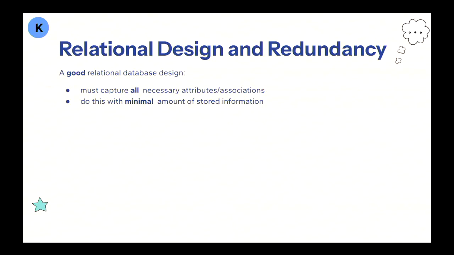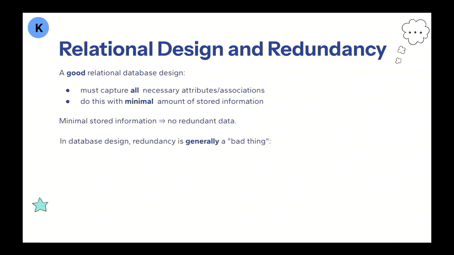We can use excessive amount of information here, but a good design should store the minimal amount of information. And minimal stored information means no redundant data. And in database design, redundancy is generally a bad thing here because it could cause problems for maintenance.